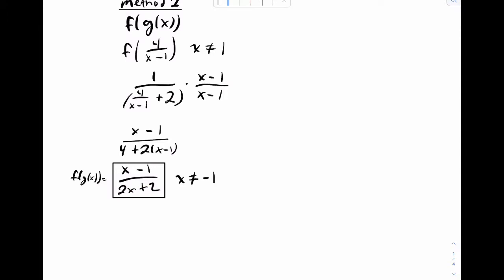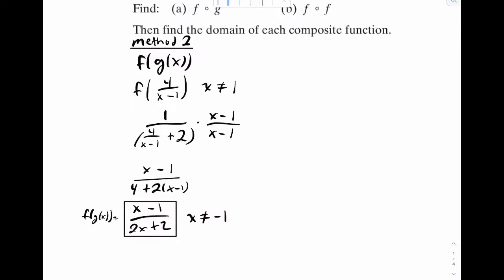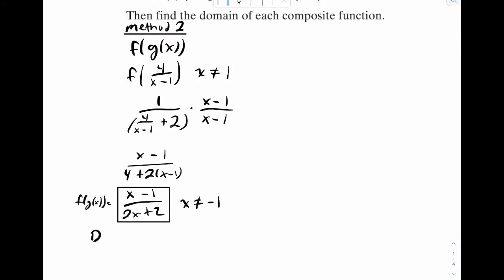So last class we talked about how to figure out this part without finding f of g. But now that it says to find f of g, it's actually easier just to calculate it and then find the domain from there. So now we're going to put these two things together. And the complete domain is going to be x such that x cannot be plus or minus 1.